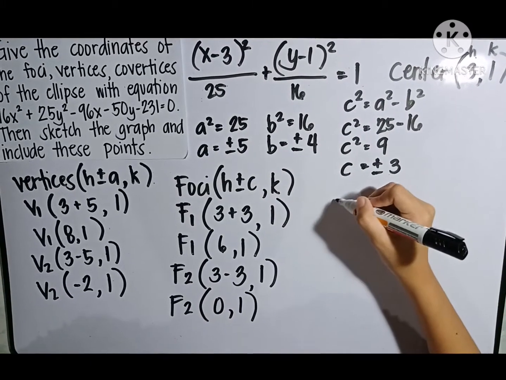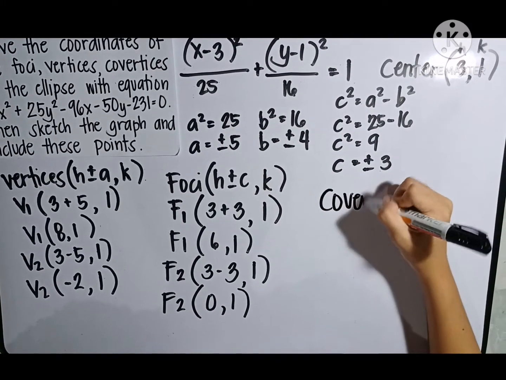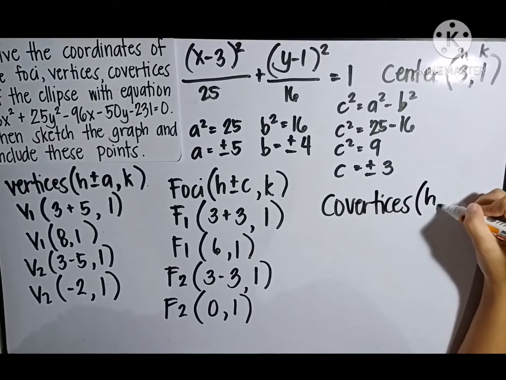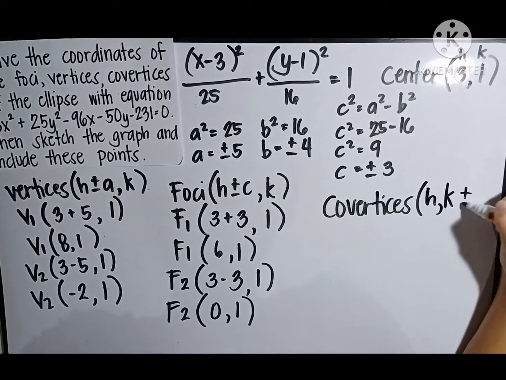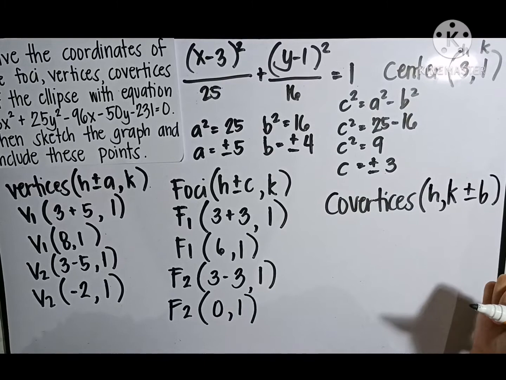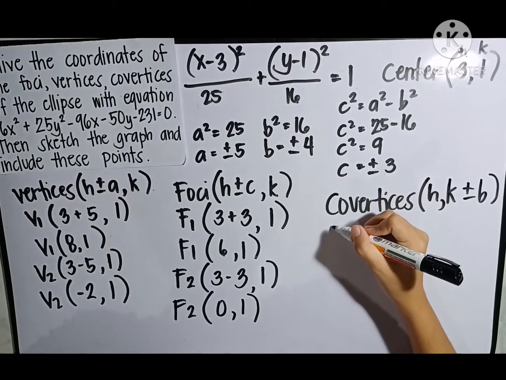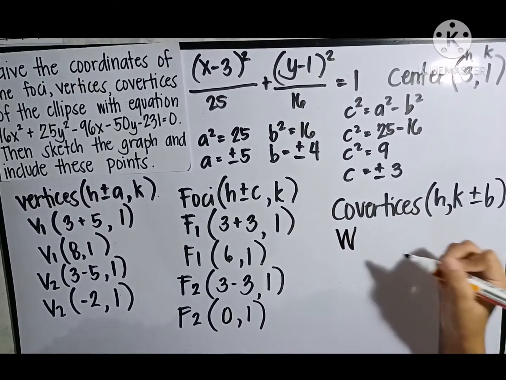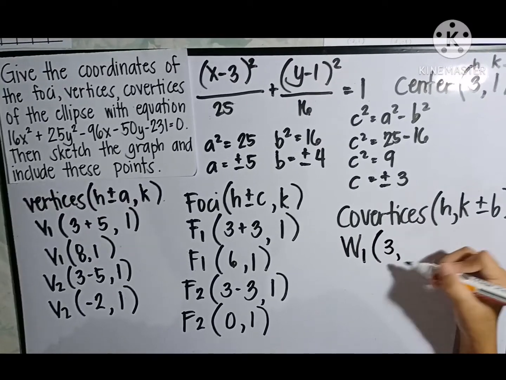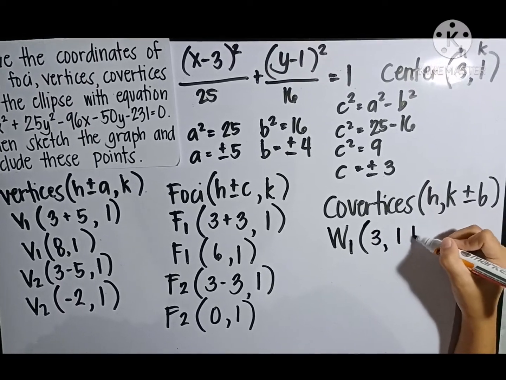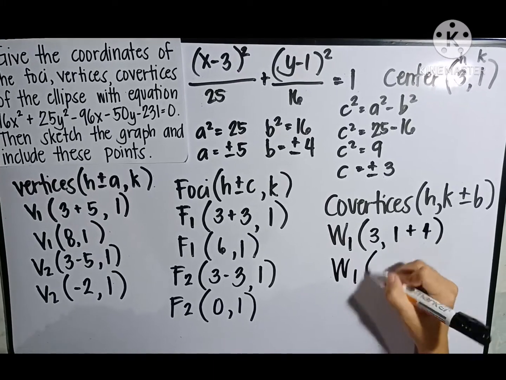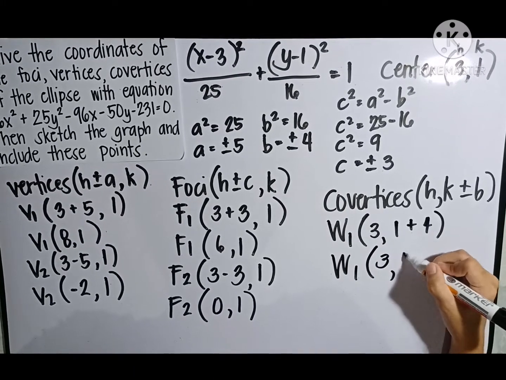And for our co-vertices, which is equal to h, k plus or minus b. Our co-vertex 1, which is h, 3, 1 plus 4, which is 3, 5.